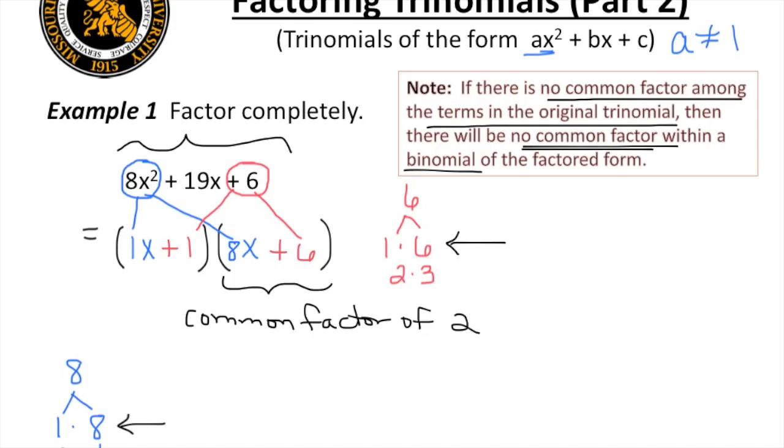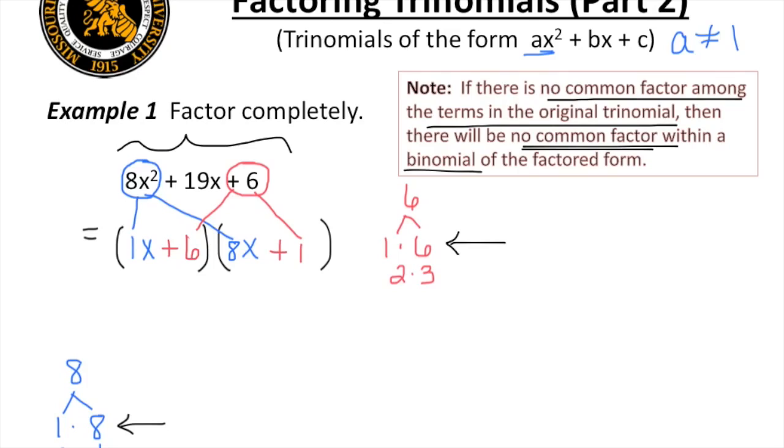Perhaps it can be placed in the other binomial instead. So let's erase our 6 and our 1 and switch their locations. That is, let's put the 6 in the first binomial and the 1 in the second.